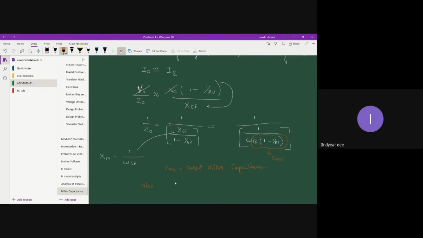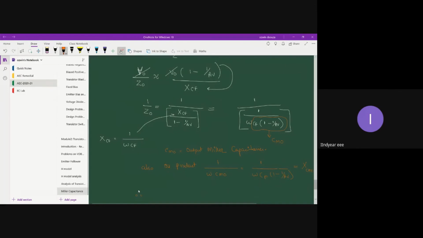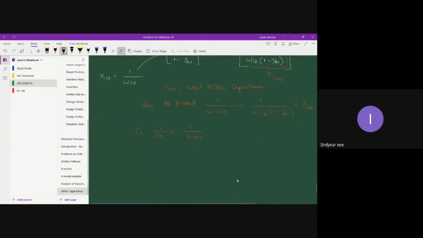Also the product 1 divided by omega into CMO is equal to 1 divided by omega into CF into 1 minus 1 by AV, which can be taken as XCMO. Therefore, 1 by Z naught is approximately equal to 1 by XCMO.